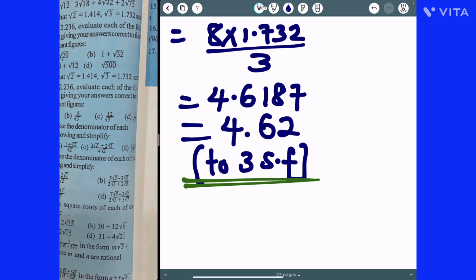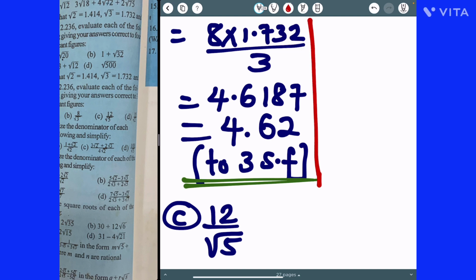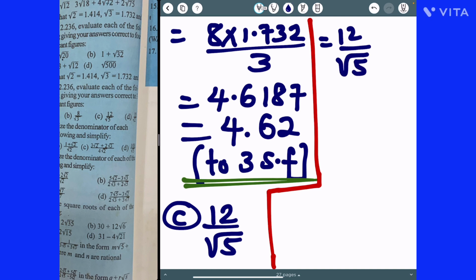Question C says we should simplify and evaluate 12 over root 5. First thing I'm supposed to do here is write 12 over root 5 as 12 over root 5 times root 5 over root 5.